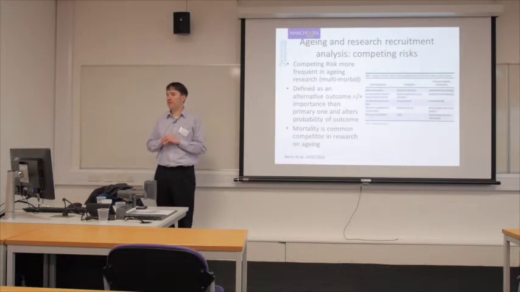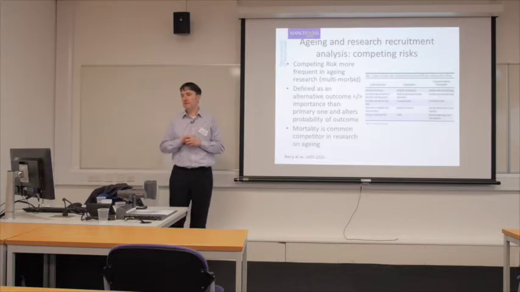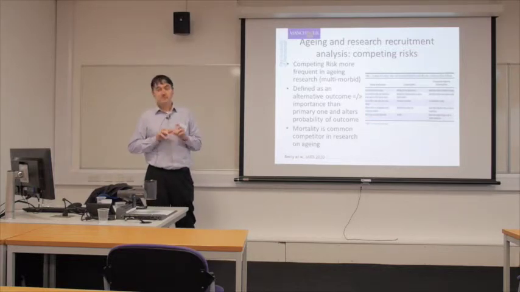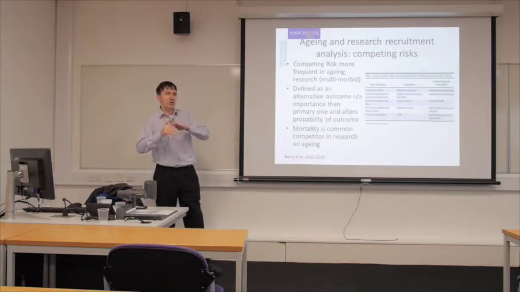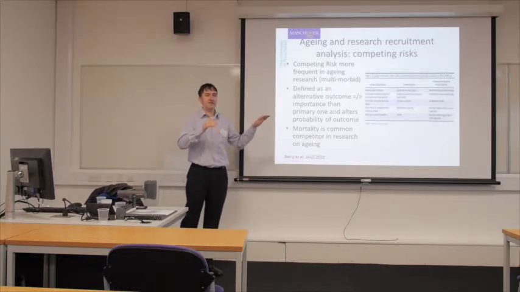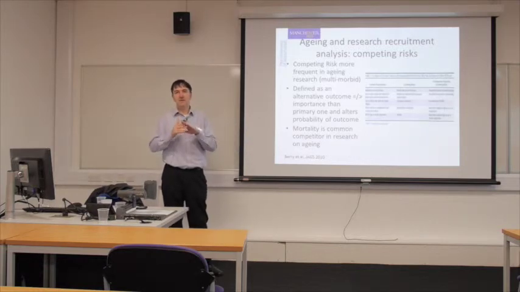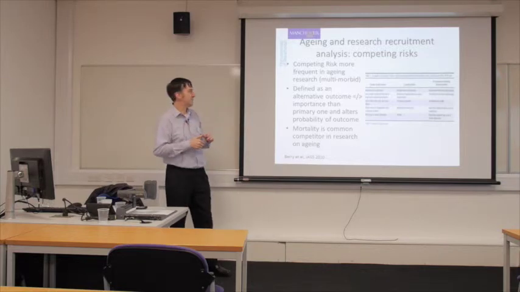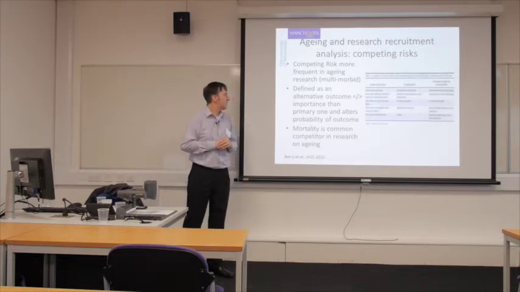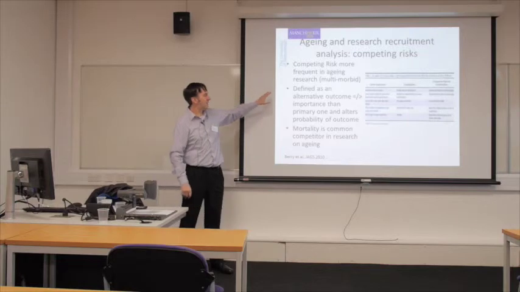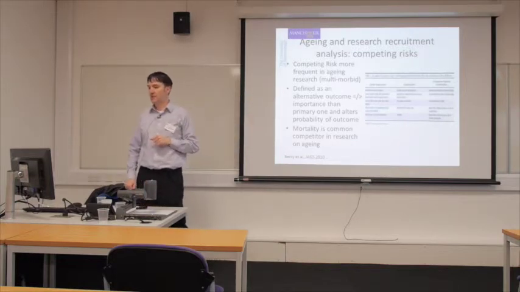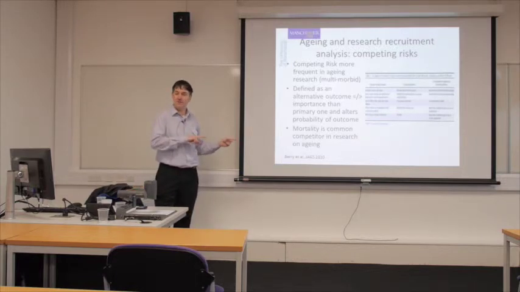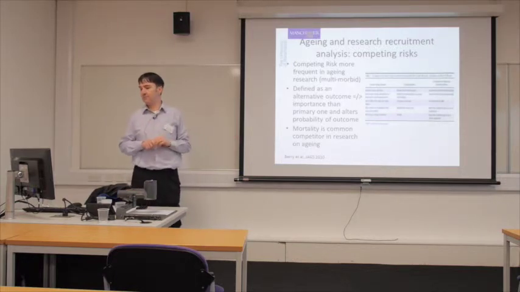But let's think about this. There is a concept called competing risks. As you go along in life, you can have competing risks of having an infection, competing risk of buying a car, etc. A competing risk is defined as an alternative outcome which is of equal or greater importance than the primary one, and it alters the probability of the outcome.